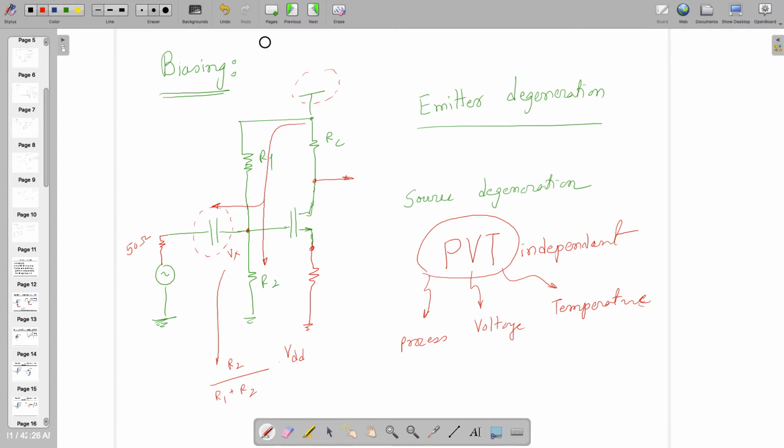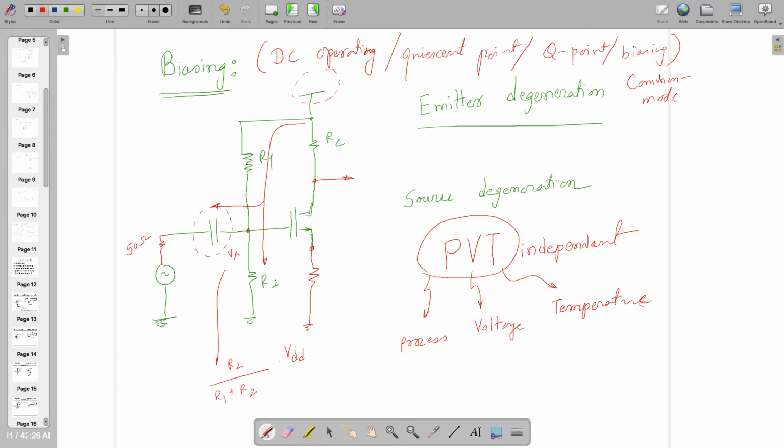And biasing means the DC operating point or the quiescent point, also known as the Q point or biasing. All these things are synonyms, or you can say it's a common mode.